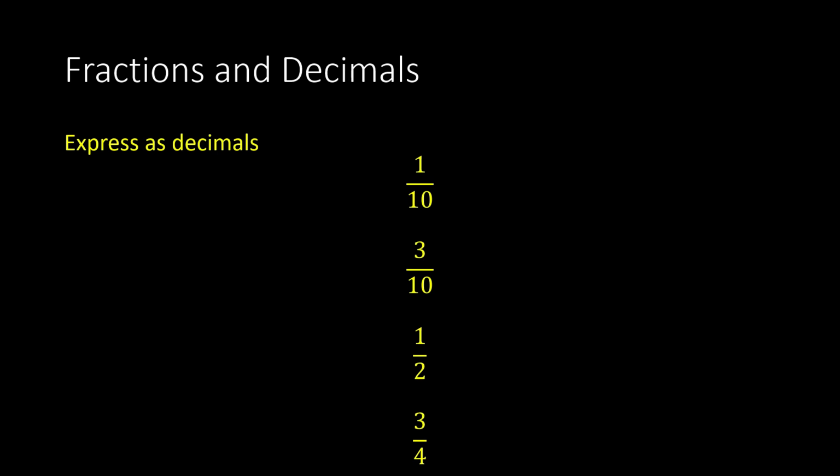So, 1 over 10 is the same as 0.1. 3 over 10 is the same as 0.3. 1 over 2, if we multiply top and bottom by 5, gives us 5 over 10.